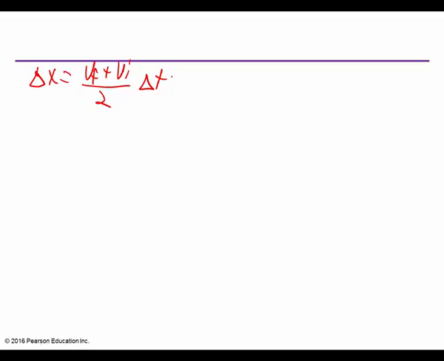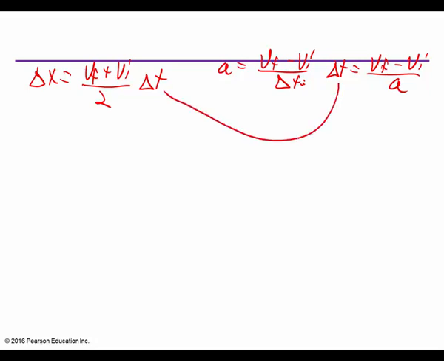So if we go back to our acceleration equation and solve for delta T, then we're going to do a substitution. So let's substitute this for that.